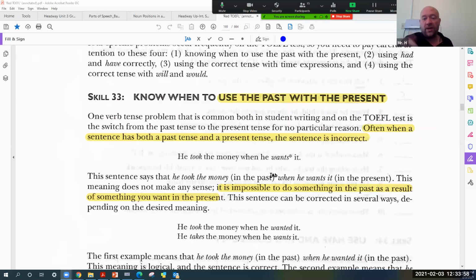What about when he wants it? Every time he wants to, he does it. It's present simple, and this is routine, right? So is that logical, that you have a past situation plus a present routine?